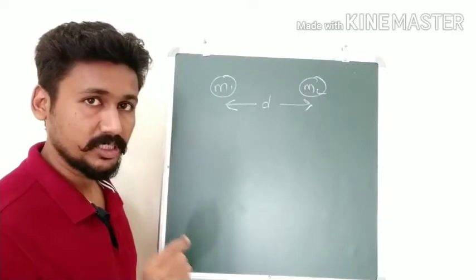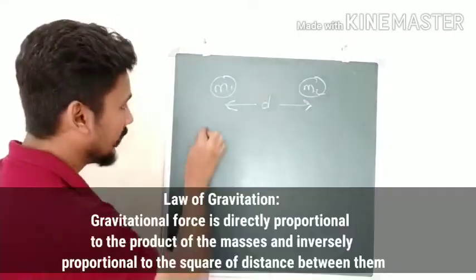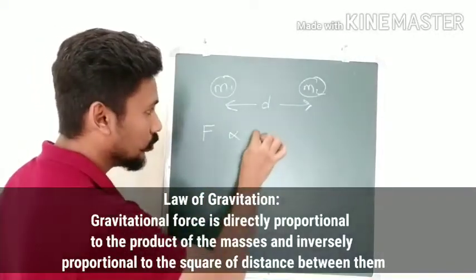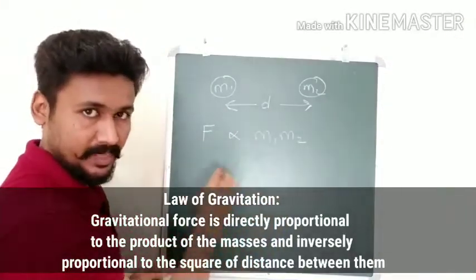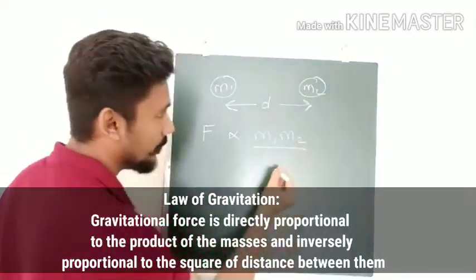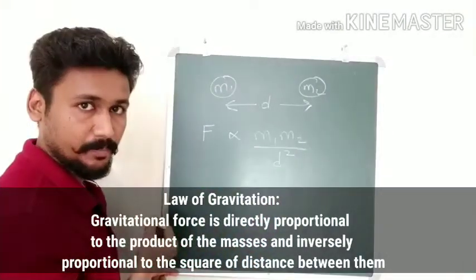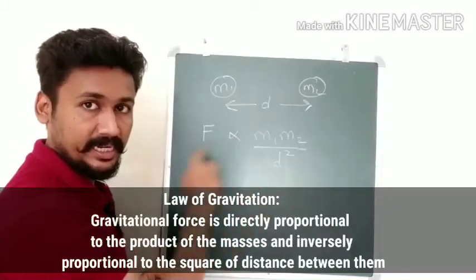That force is known as the gravitational force, and according to Newton's law, this force is directly proportional to the product of the masses, that is m1 multiplied by m2, and inversely proportional to the square of the distance between them. So we get F proportional to m1 m2 by d square.